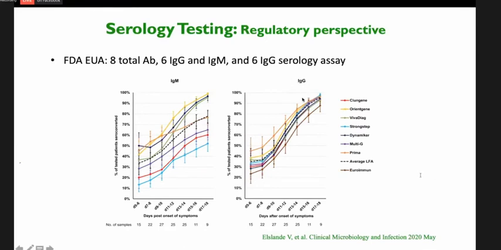The sensitivity of the detection of IgG antibodies at 14 to 25 days after the onset of the symptoms is more than 92% for all these assays. As you can see here, the average time for seropositivity for IgM was not shorter than IgG, and the study recommended emphasizing the measurement of IgG to avoid the false positive results generally shown by IgM.